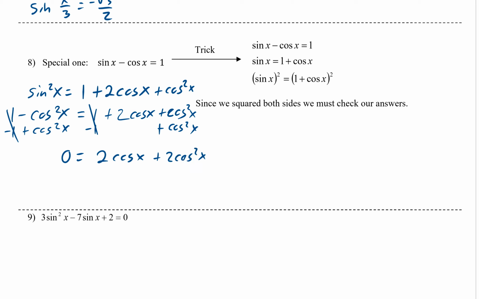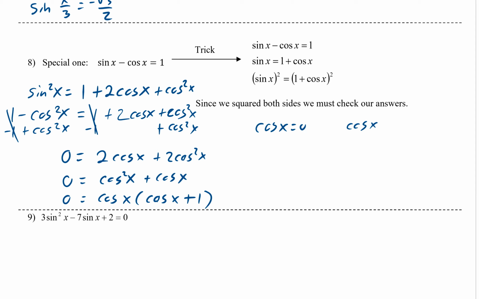And then now we can divide everything by 2. I'm going to put the squared x first now. And we can factor. So it's a cool little trick. By squaring both sides, it allows us to convert our sine squared into 1 minus cosine squared. And there we go. So now we have cosine x equals 0 and cosine x plus 1 equals 0, so cosine x equals negative 1.